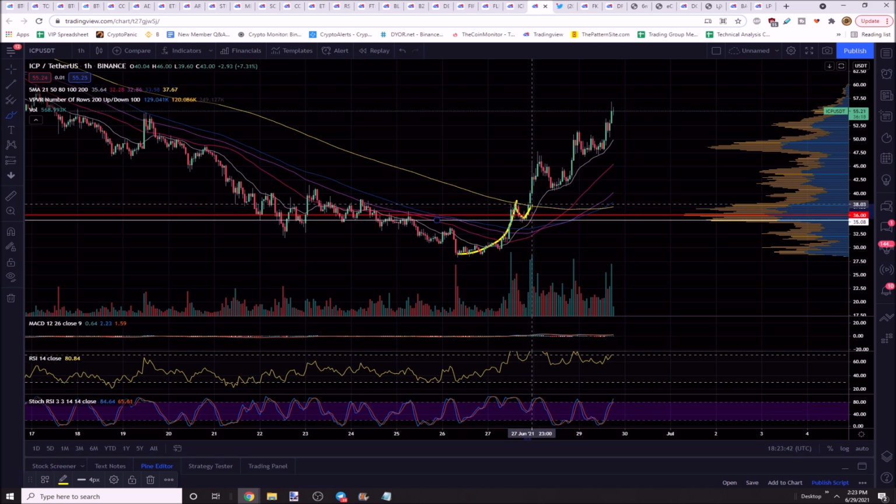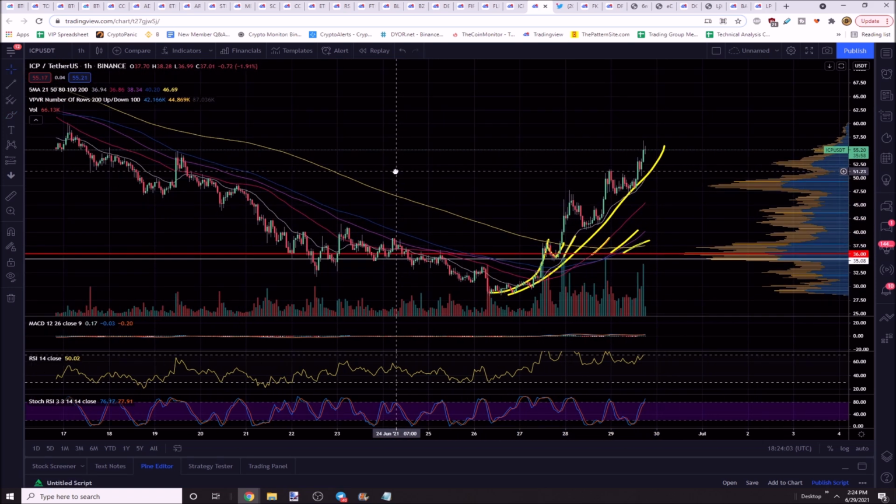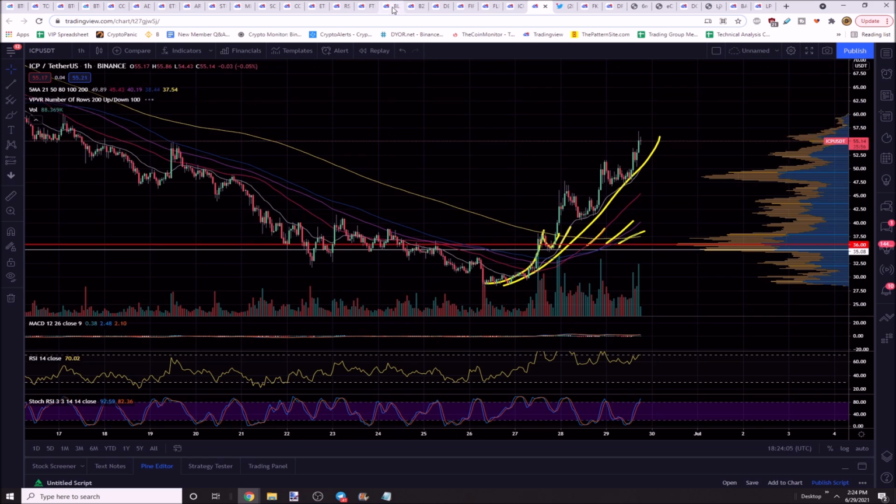As soon as it broke above the 200, you got the 21, now the 50, now the 80, now the 100, okay? And this gives these bullish continuation ideas for this price action, okay? I mean, Bitcoin has to cooperate, but this is all going to play out like this on your altcoins. And so I just want to make sure that you understand how to use the 200 to your advantage.